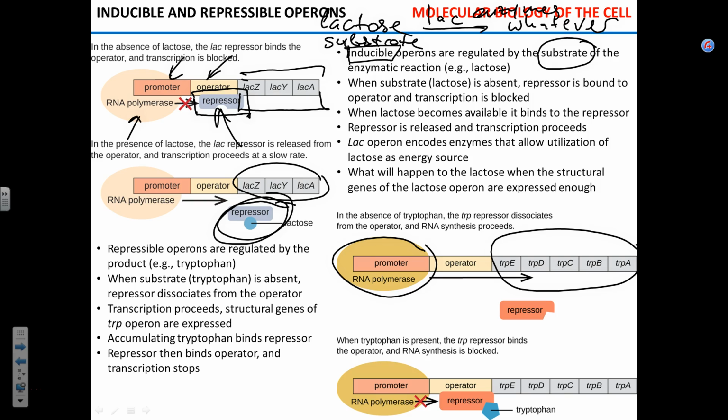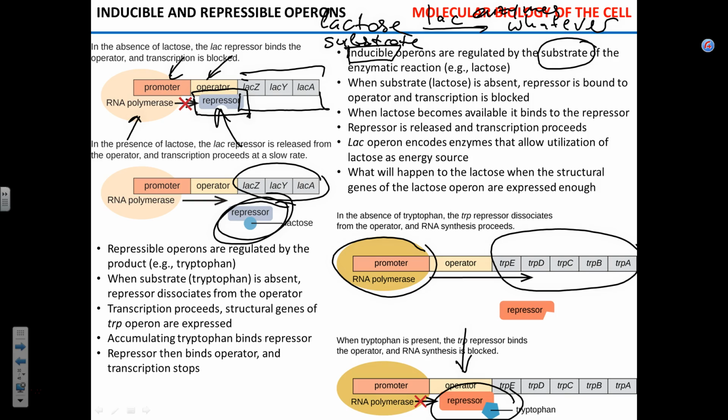When levels of tryptophan rise, it will bind to the repressor. Repressor with the tryptophan bound will attach to the operator and stop expression of the genes.